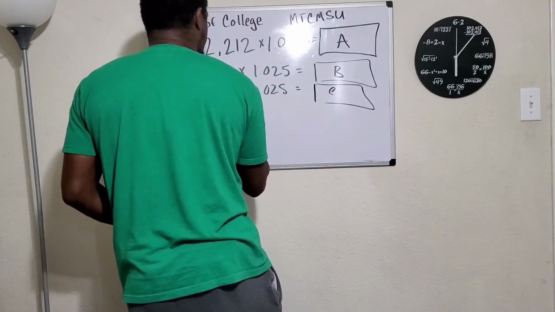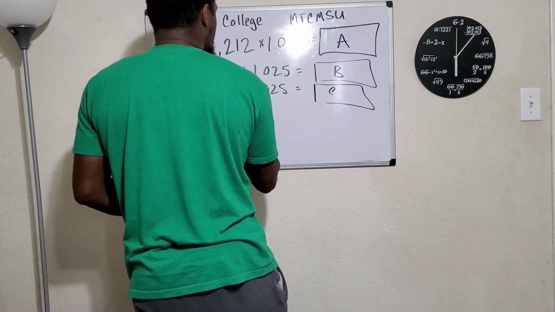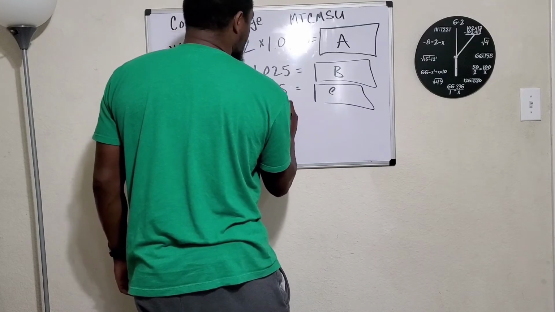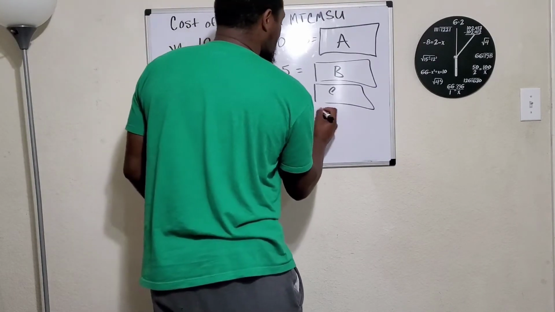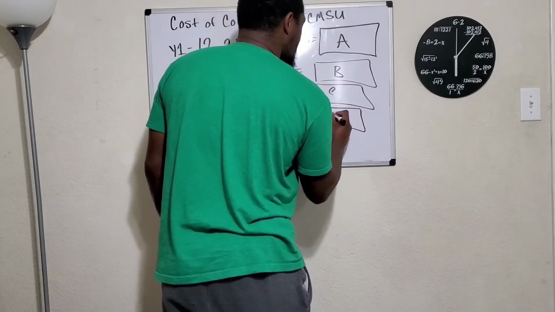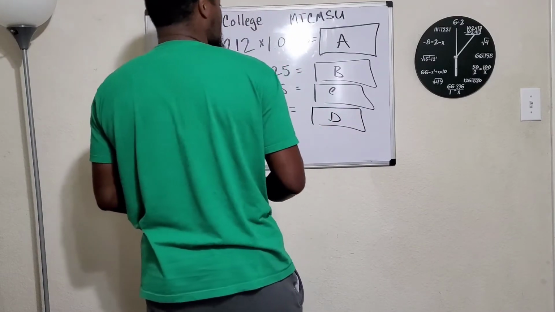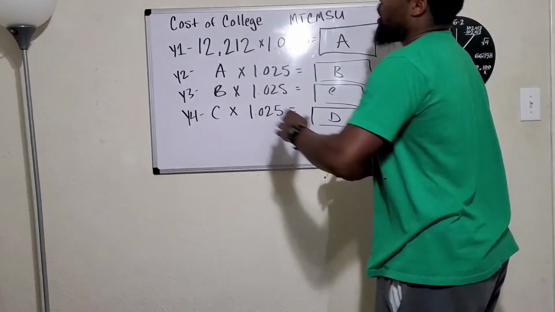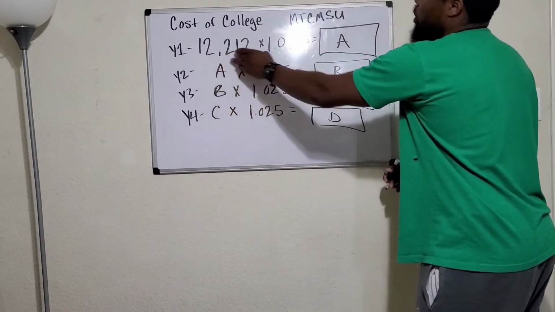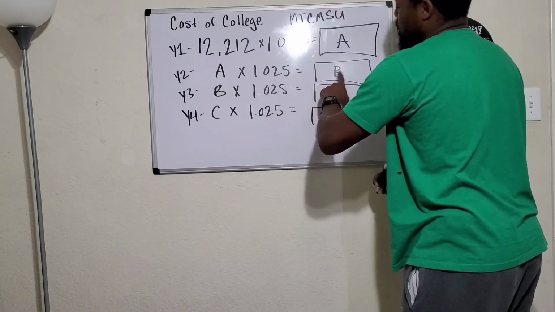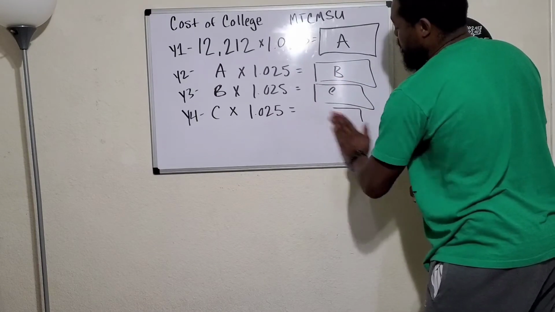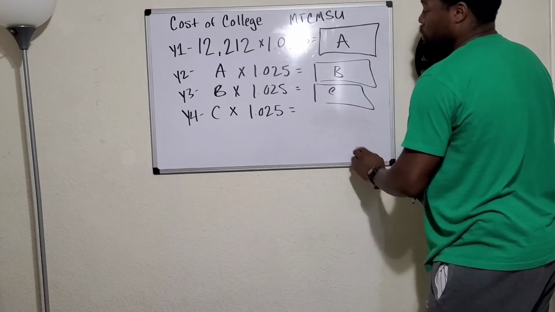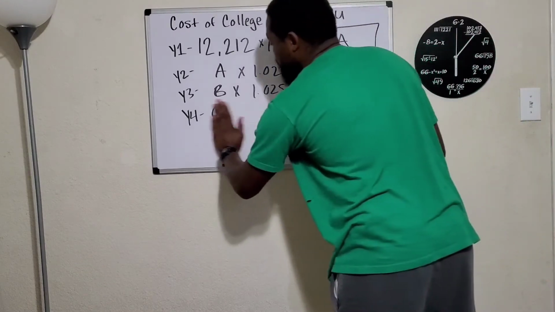So for year C, your 4th year, it's going to cost you this much money. You're still multiplying it there, and this is the answer that you'll have. The cost for year 2 is here, the cost for year 3 is here, and the cost for year 4 is actually here.